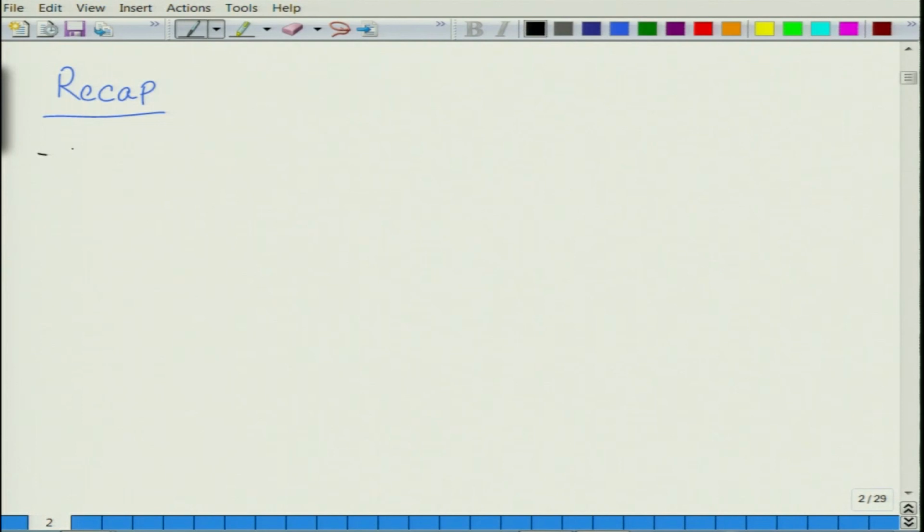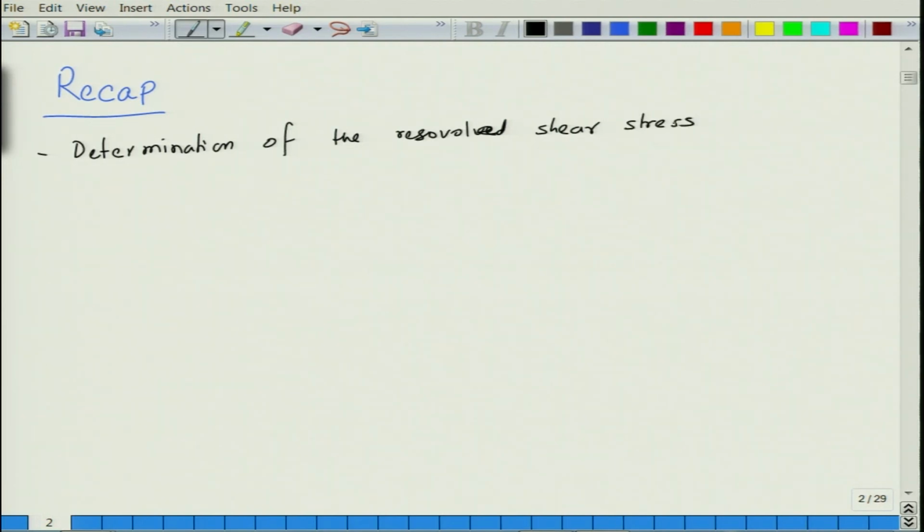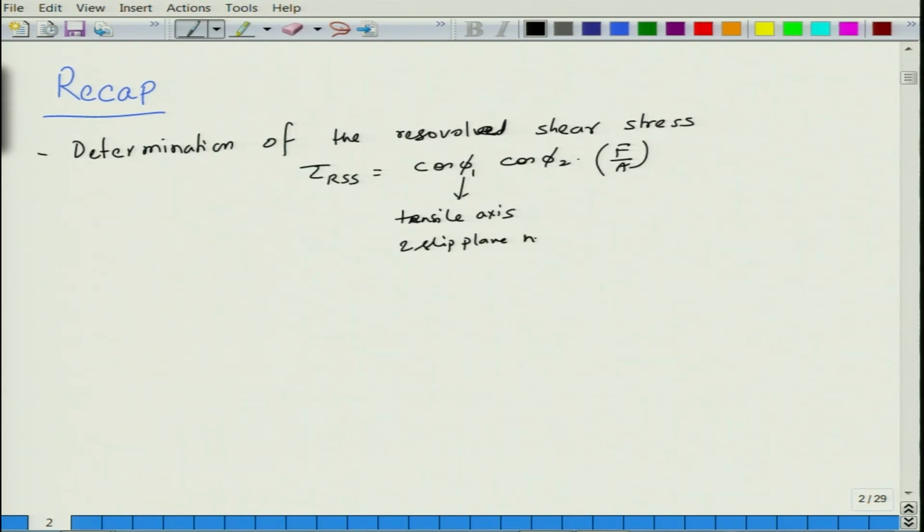So, in the last lecture we saw determination of the resolved shear stress, basically, which was tau RSS equal to cos phi 1 cos phi 2 into F divided by A. Where phi 1 is the angle between tensile axis and slip plane normal, and phi 2 was the angle between tensile axis and slip direction.